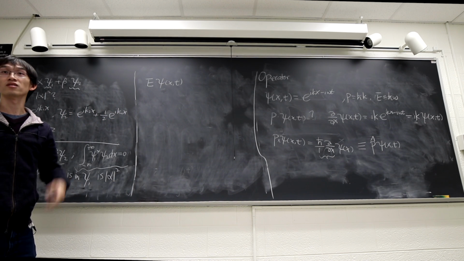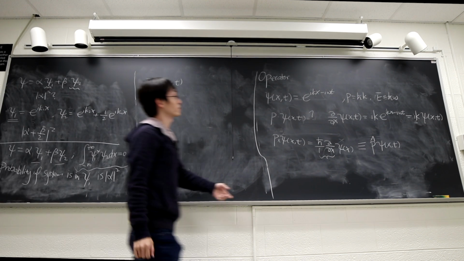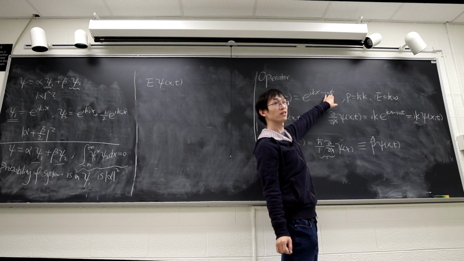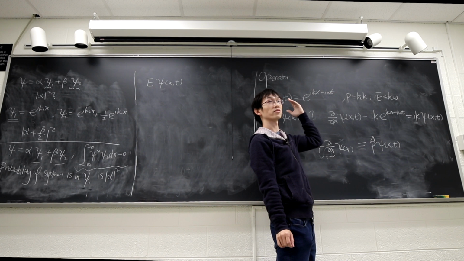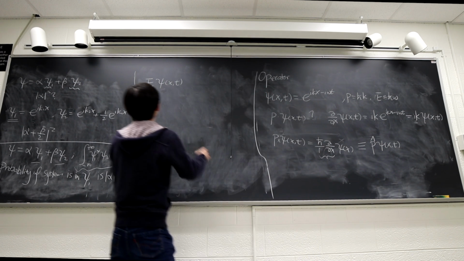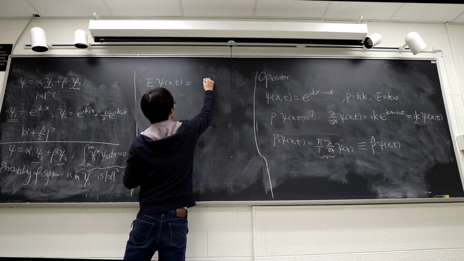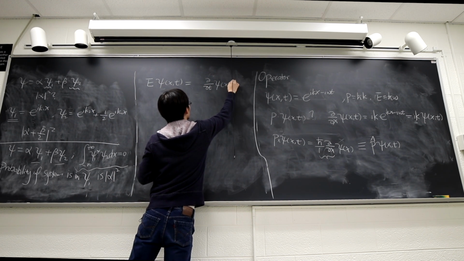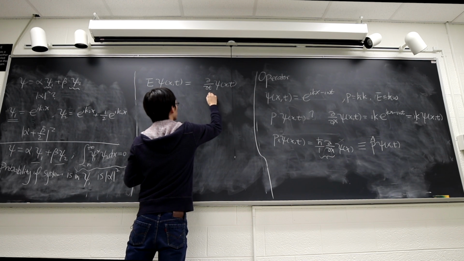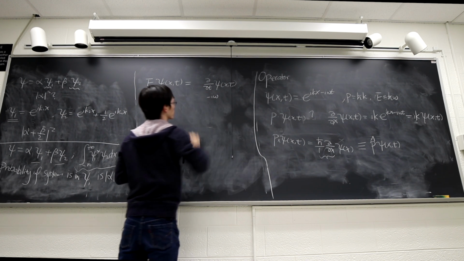This is very simple, right? The same thing. You do a derivative of t, then minus i omega comes out, right? You do a derivative of t, then it comes out as minus i omega.